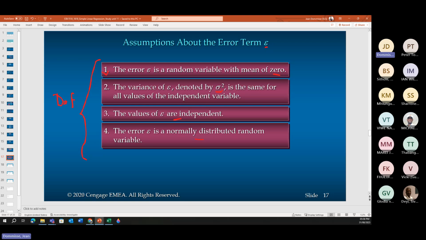So basically, you can see if a mean is 0, and we go back to study unit 7, when we looked at normal distributions. Remember, we had a mean of 0 and a standard deviation of 1.